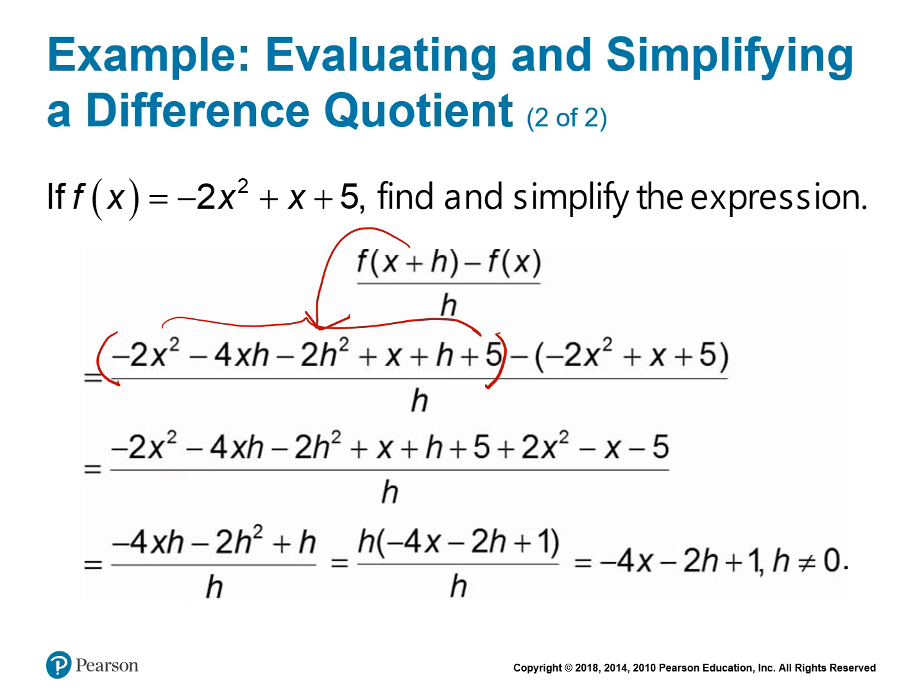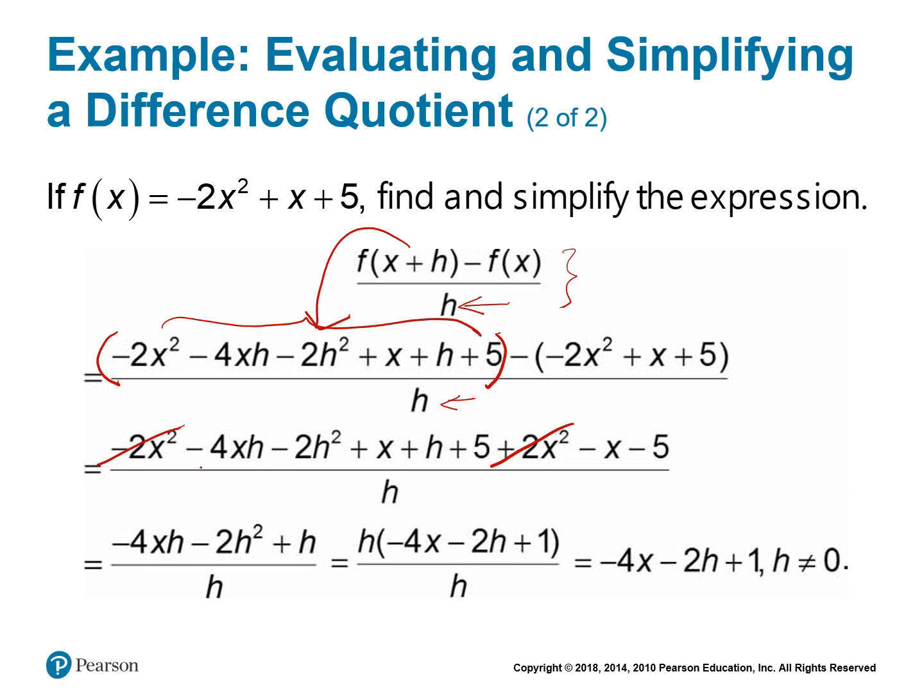And of course, in the denominator we have h, which is the denominator in the difference quotient, correct? So now let's see what we can combine. We have minus 2x squared and plus 2x squared, which is 0x squared, right? So this becomes 0.